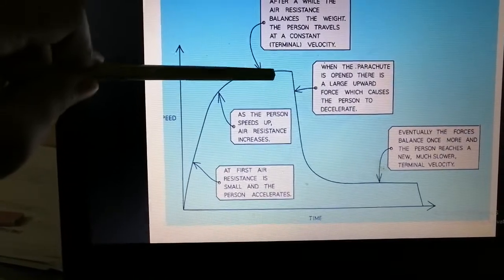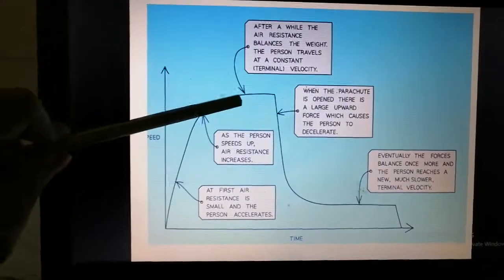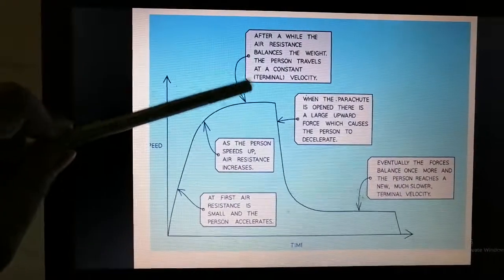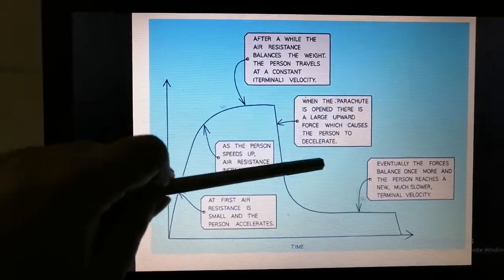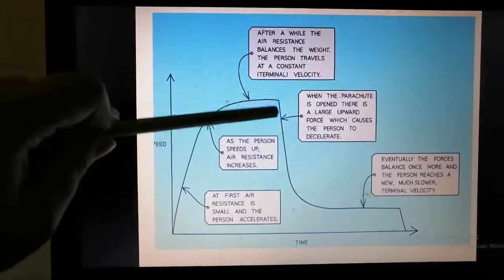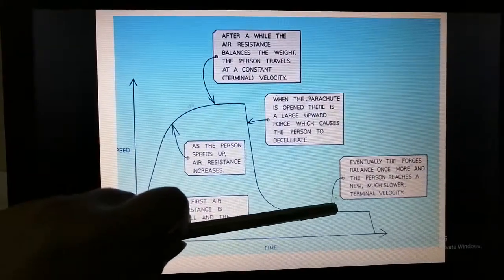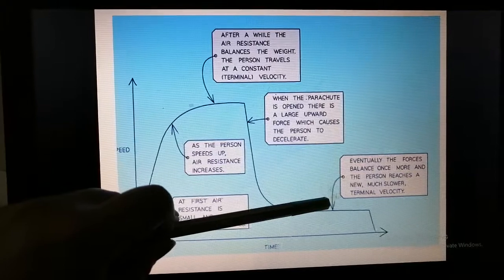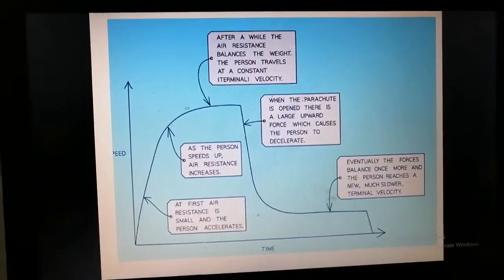With constant terminal velocity, there is no acceleration; the acceleration is 0. When the parachute is open, there is a large upward force which causes the person to decelerate, slow down, and eventually the forces balance once more and the person reaches a new, much slower terminal velocity.